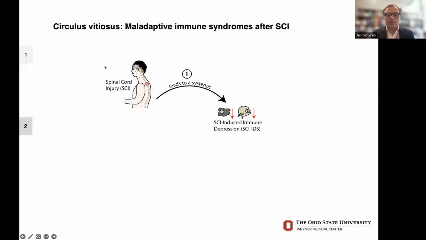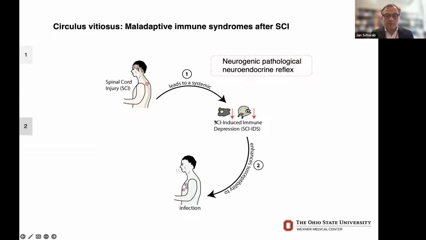After spinal cord injury, there is a spinal cord injury immune deficiency developing, which is operated by a neurogenic pathological neuroendocrine reflex. This immune deficiency is not just an epiphenomenon, it actually is able to drive infection susceptibility. It enhances, for example, pneumonia severity. The pneumonia itself is also not just an infection.